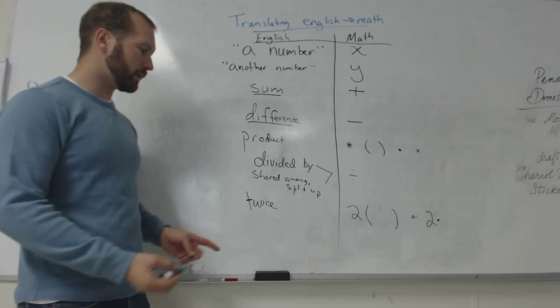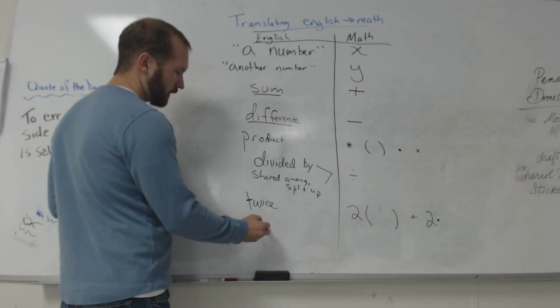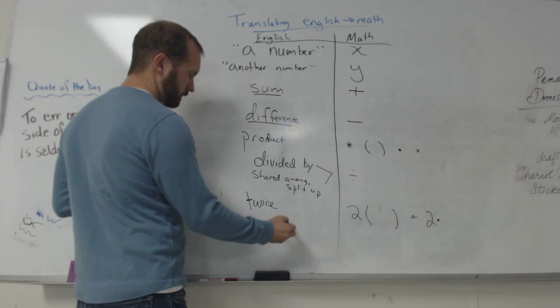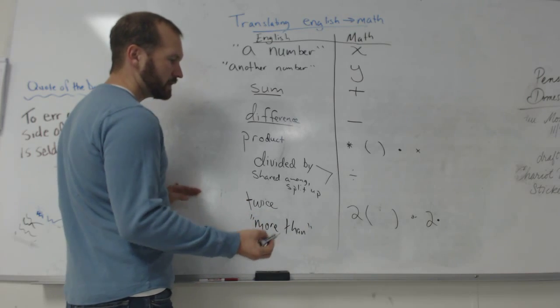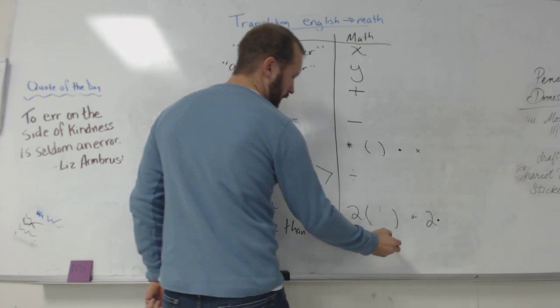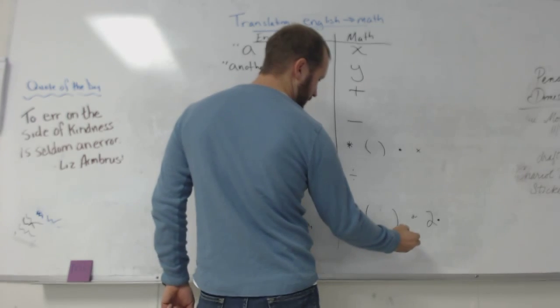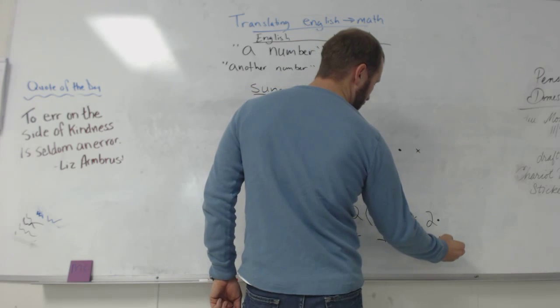And now, here's one that we talked a little bit about yesterday. If we say "more than," that means plus, but we're going to remember to write this to the right.